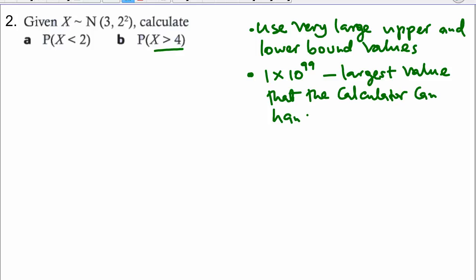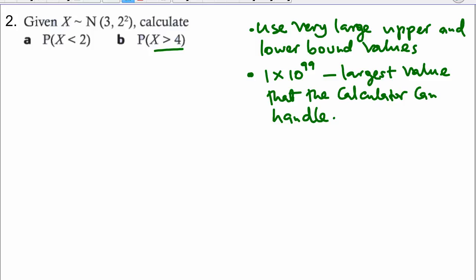So instead of using that, in the calculator, you can just plug in E99. I'll show you how to do that. Let me just finish these descriptions and explanations, then I'll show you how to do that.